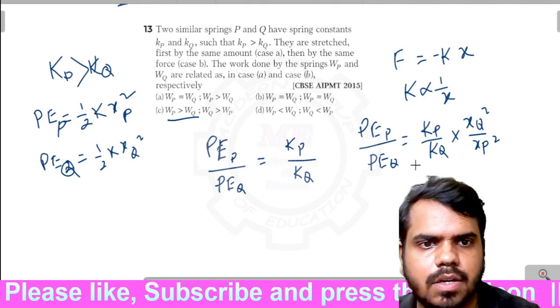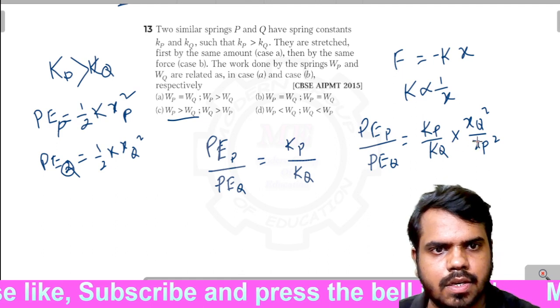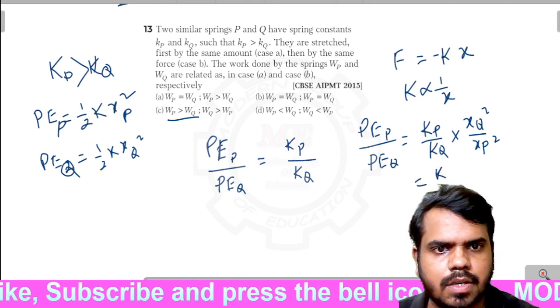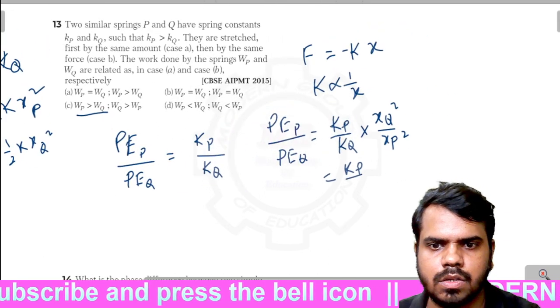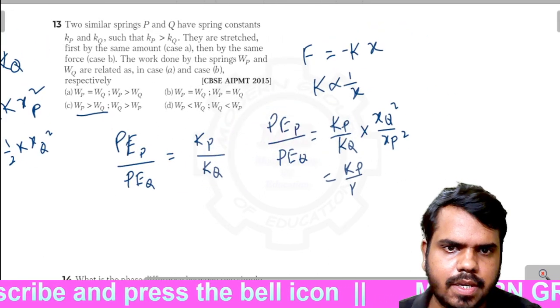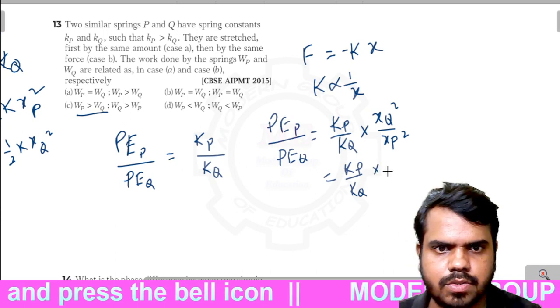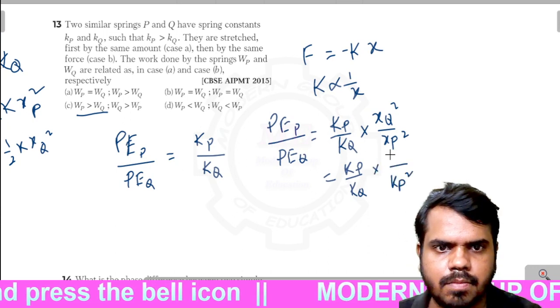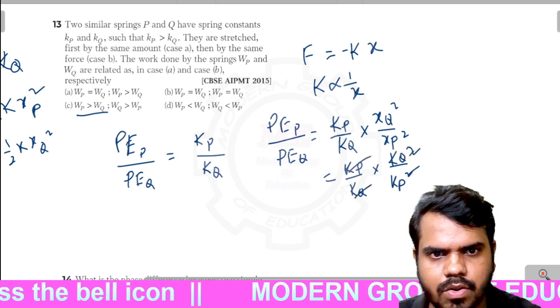Clear? So this will be kp by kq, and xp by xq cubed, that means kp by kq. This will be kp square by kq square. That means kp cancels out and kq cancels out.